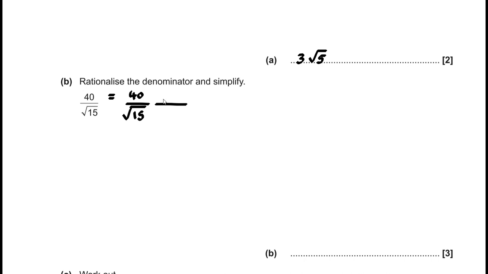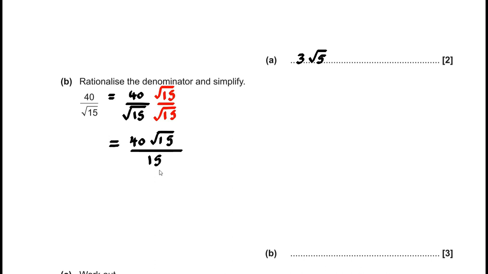And when I say 1, what I mean is I need to multiply the top and bottom by root 15 over root 15. That is just the same as multiplying by 1. So on the top, we've got 40 root 15, and on the bottom, I've just got 15.